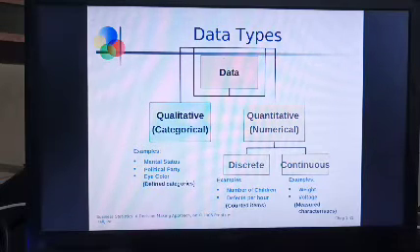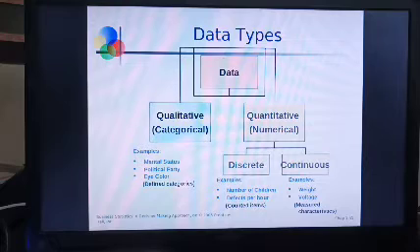Eye color also. This could be brown, black, blue, green, or gray, something like that, or maybe red. They are defined categories. That's why they're called categorical data type, defined category.